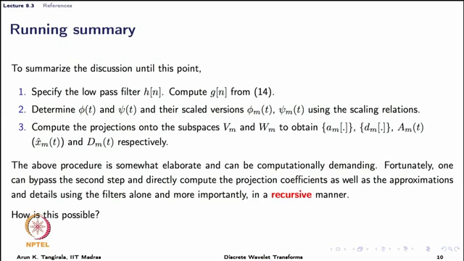Without actually computing the phi and psi, I can directly compute the projections, essentially the approximations and details and the coefficients from the filters themselves, and that is one of the key ideas in the fast algorithm.